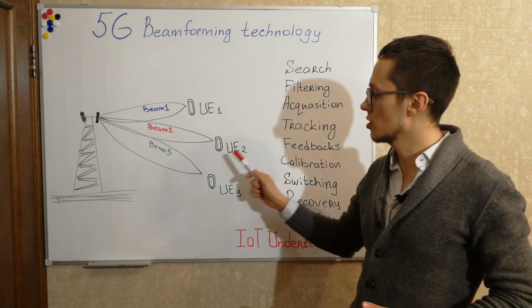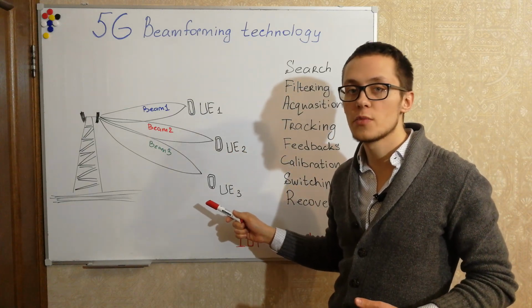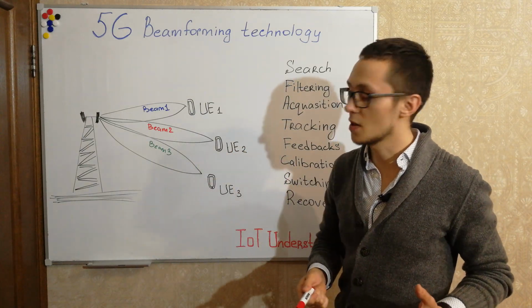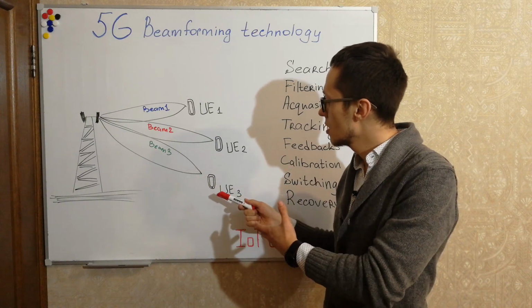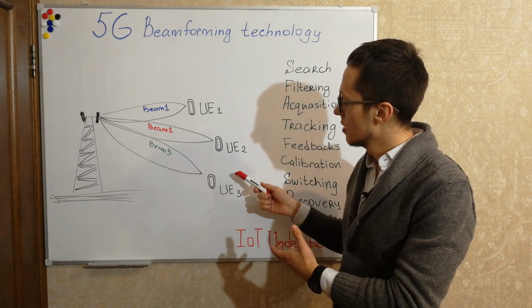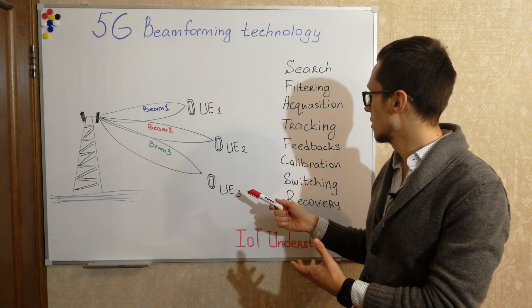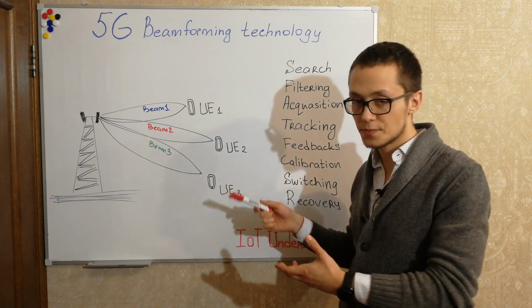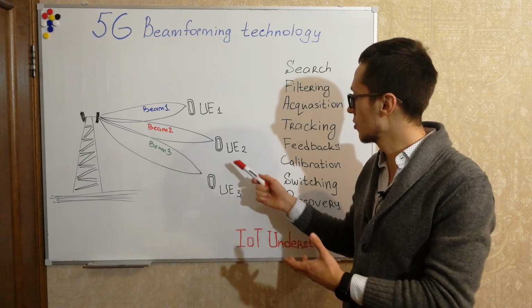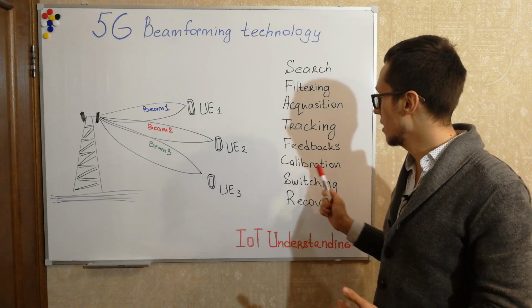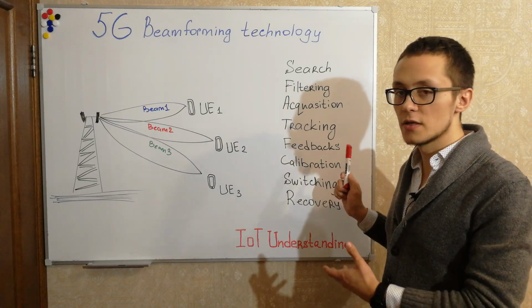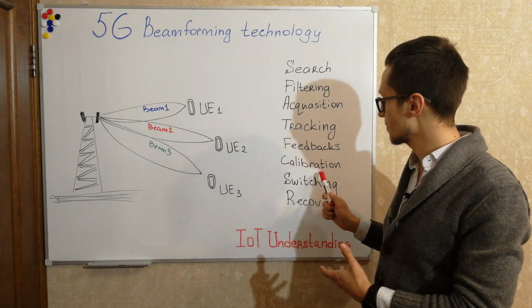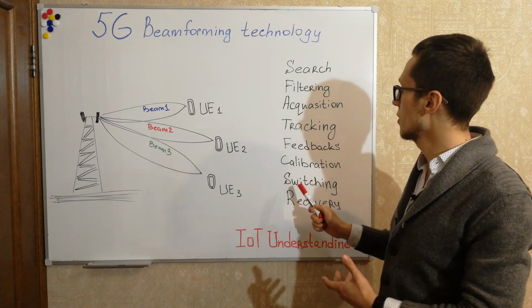Calibration, because the radio environment and the propagation change, and the UE is moved in every possible direction. So the calibration is a very important procedure.